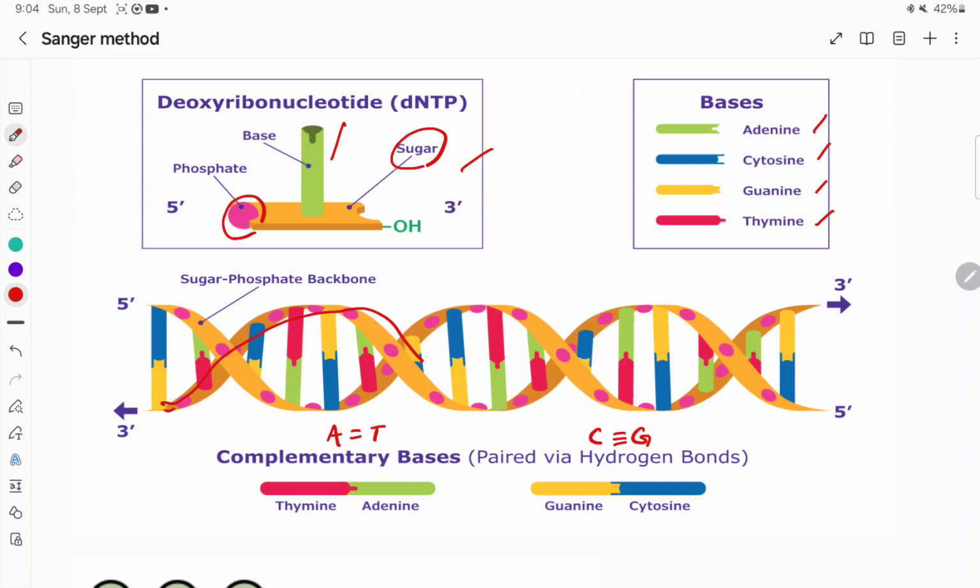So this chain is a sugar phosphate, and to each sugar there is a base, and the base may be any of the 4. Then the other strand base pairs with this base, and this double helical structure occurs.